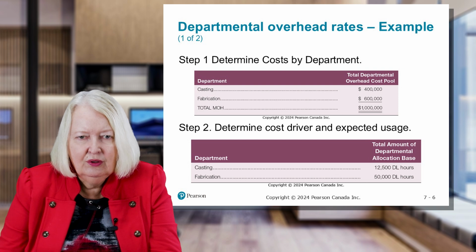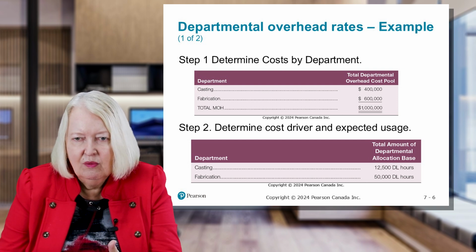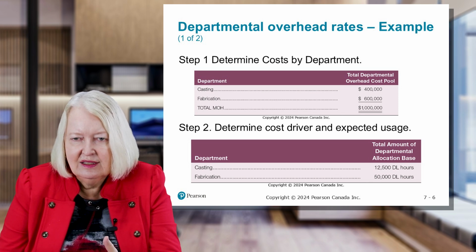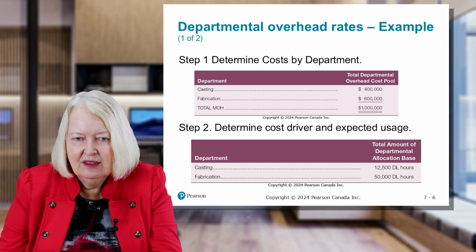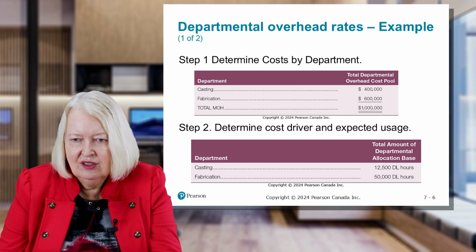So when you look at the cost, the $1 million in overhead, what you're doing there is breaking it down into $400,000 for casting and $600,000 for fabrication. So what you want to do here is look at the cost drivers, what's driving the casting and the fabrication. So you're going to calculate your allocation base.